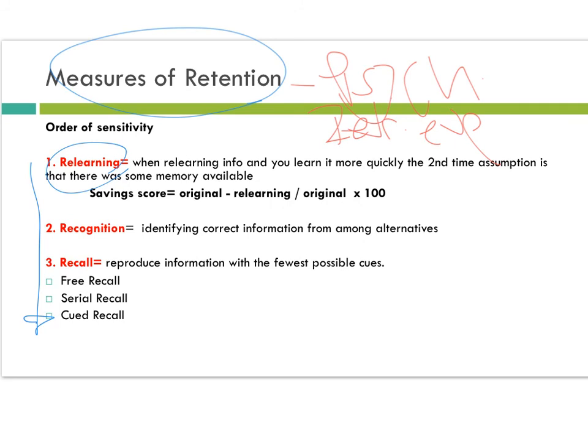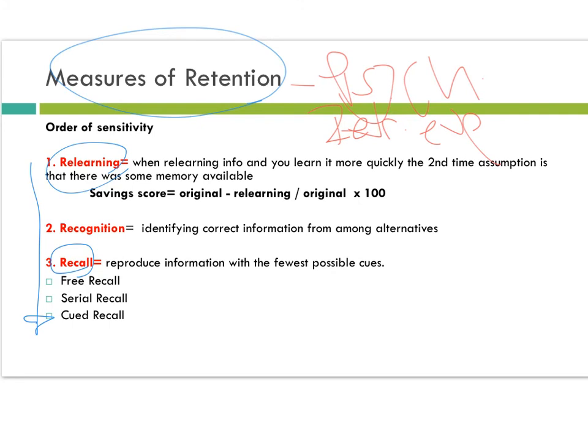For example, if we've learnt something and then we've forgotten, let's say, 80% of it, relearning is good because it can actually detect that 20% that's remaining and bring it back. Now, if we use a less sensitive measure of retention like recall, then recall may not actually be able to find and access that 20% of the remaining memory.